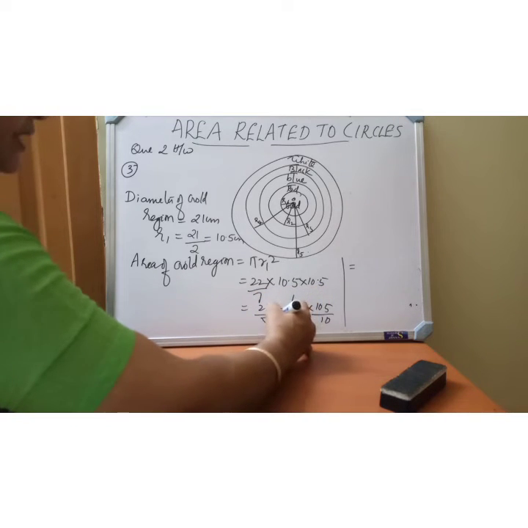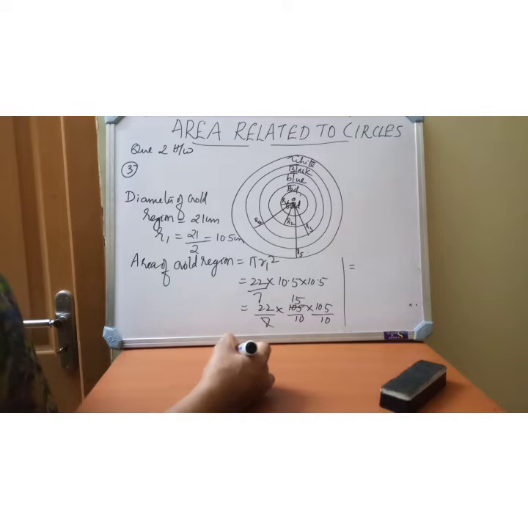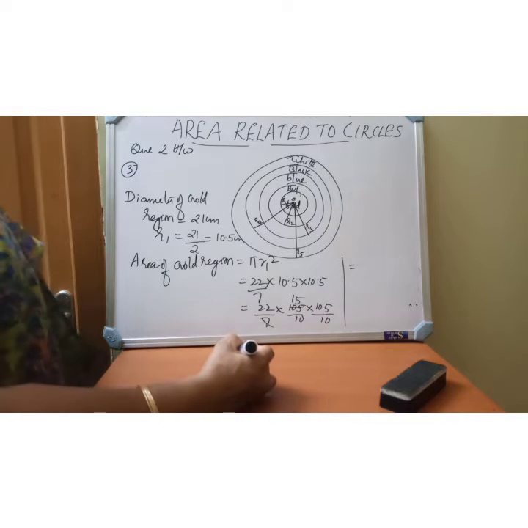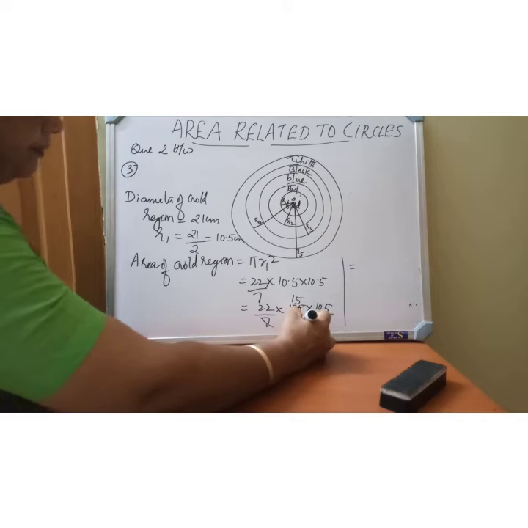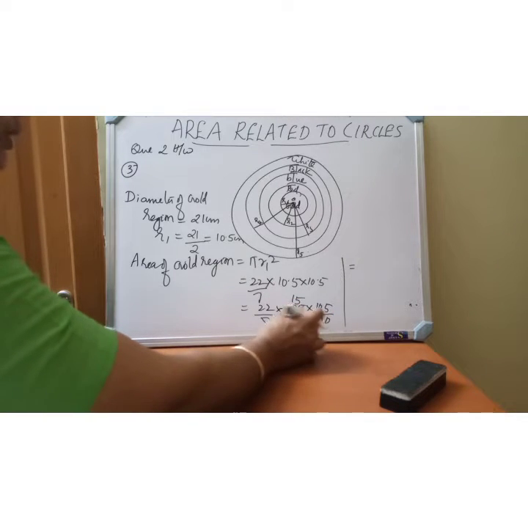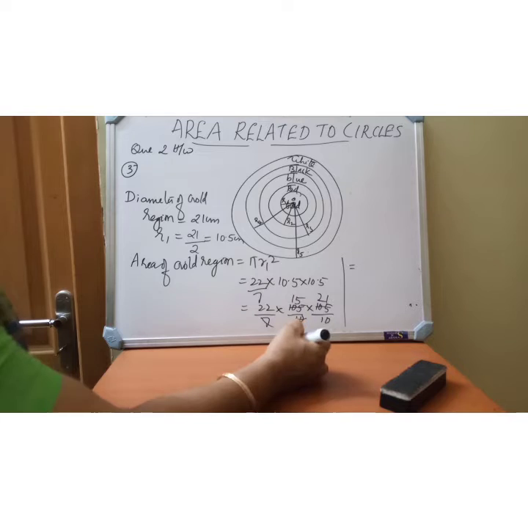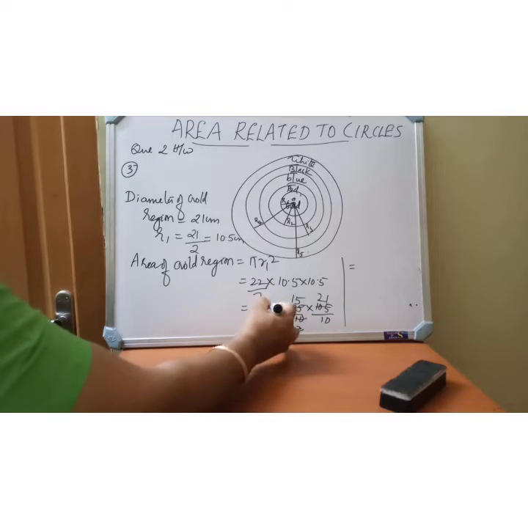1 7 is 7. Balance 3 35. 5 7s are 35. Then this 10, 2 5s are 10, here 21. Then this 2 I can cancel 11.